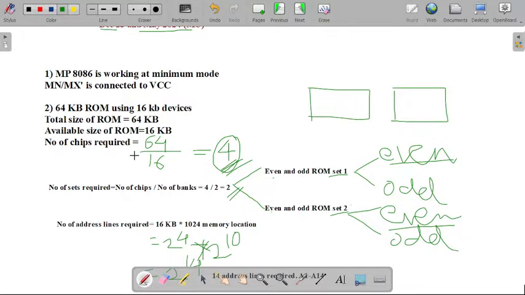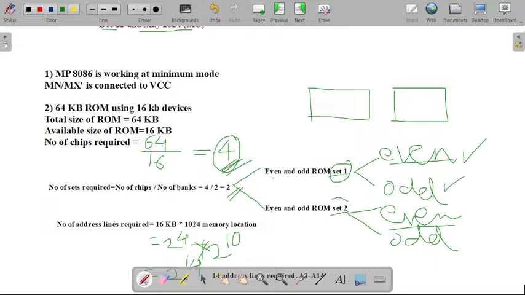First we are considering the ROM structure. In the ROM structure there are two sets, set 1 and set 2, and the number of chips we require is 4 chips in this example. How will these 4 chips be required? Whenever we consider set 1, it consists of two types of banking, the even memory bank and the odd memory bank.